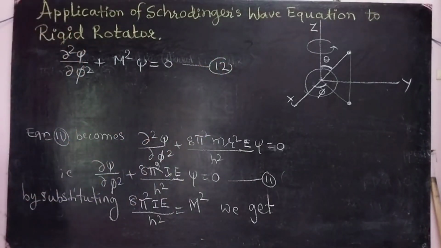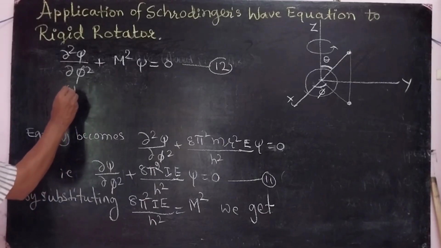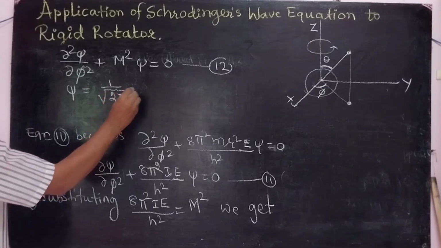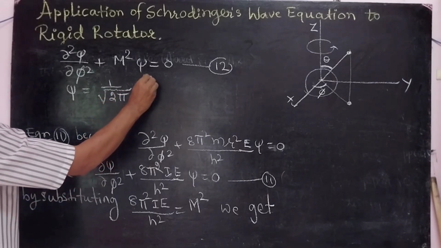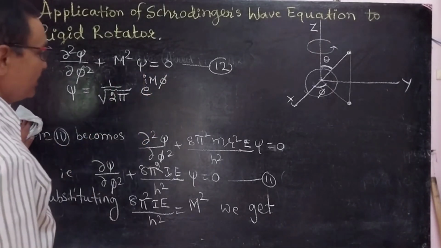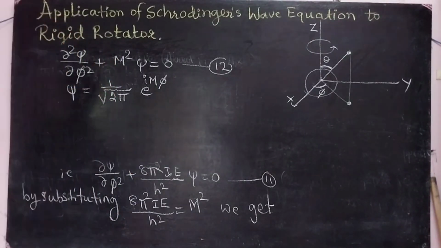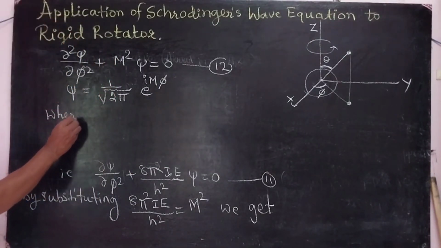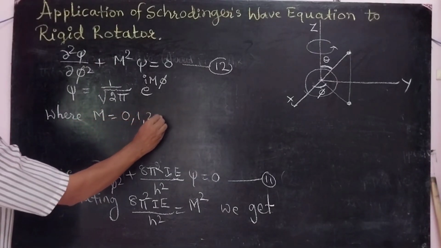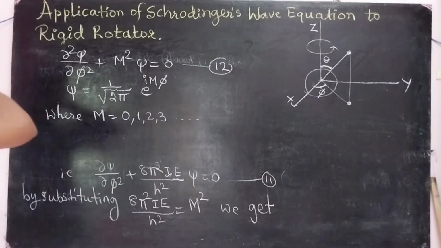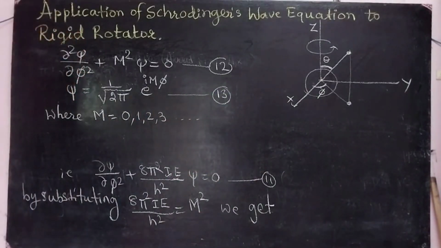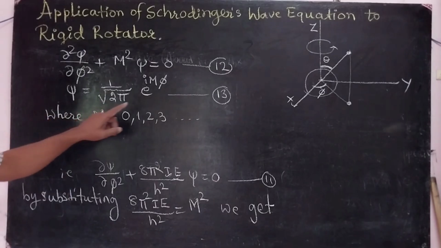Now the solution of equation 12 is psi equal to 1 divided by root 2 pi, e raised to i m phi, where m is a constant having the values m equal to 0, 1, 2, 3, etc. Suppose this is the equation for the rigid rotator along one axis.